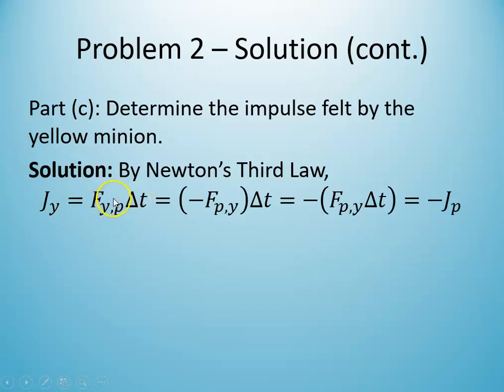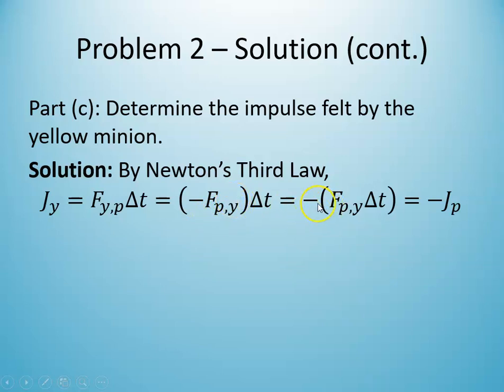Well, we can't calculate the force yet, we're getting there later, but since every force is an equal and opposite force, the force felt by the yellow minion as a result of colliding with the purple minion is equal to the negative force felt by the purple minion as the result of the collision with the yellow minion.